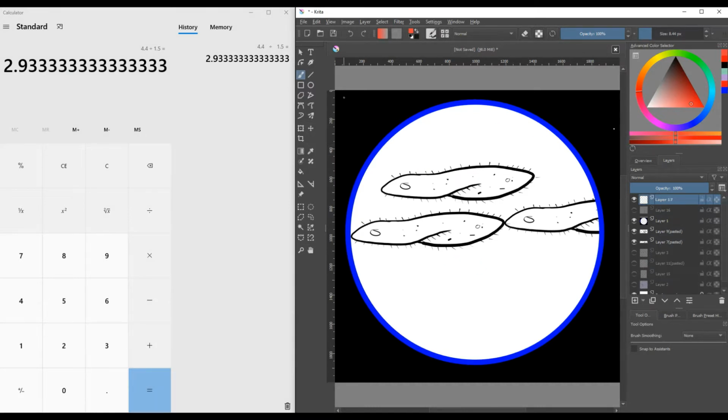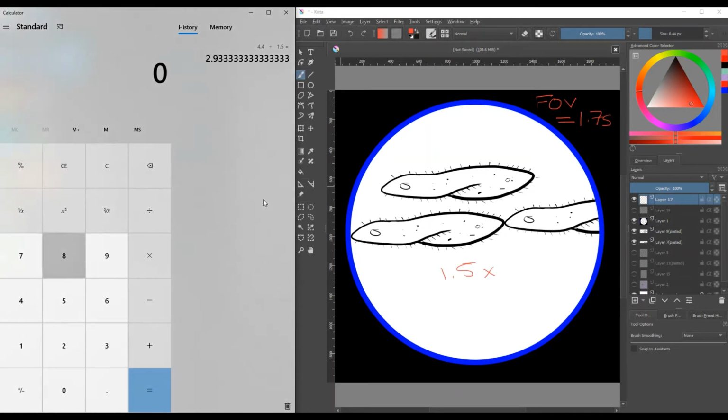So for the next one, we're going to try a 10 times objective lens. This would mean the field of view is 1.75 millimeters across, but the cell can still only fit 1.5 across.